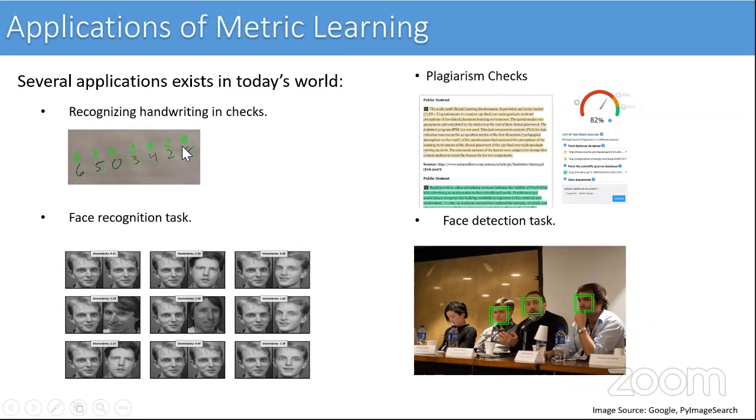You've already seen the MNIST data set, where you recognize some handwriting. This problem can also be reframed in a metric learning framework, where you can bound each of those digits and compare against a prototype that has been created in metric learning.